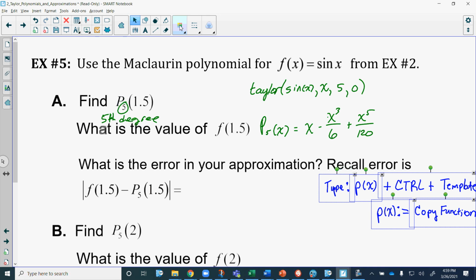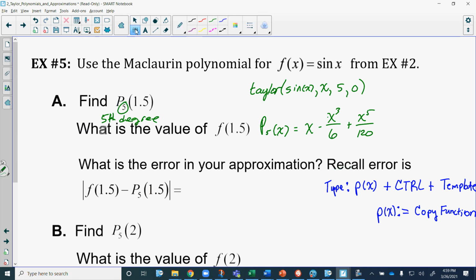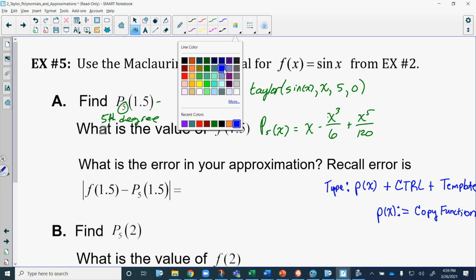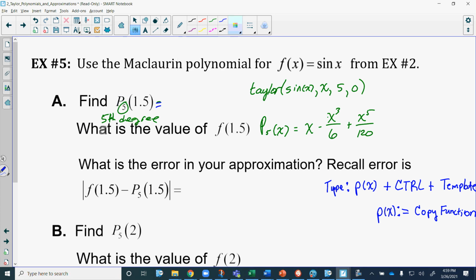So p of 1.5 gave me 1.0078125. Thank you, calculator.